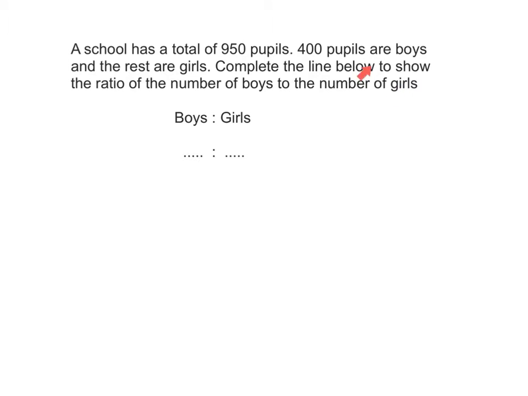Okay, so if there are 950 pupils in total and 400 pupils are boys, then the rest should be girls. So we just write this down. There are 950 pupils in total, so that's the total. And 400 of the pupils are boys.